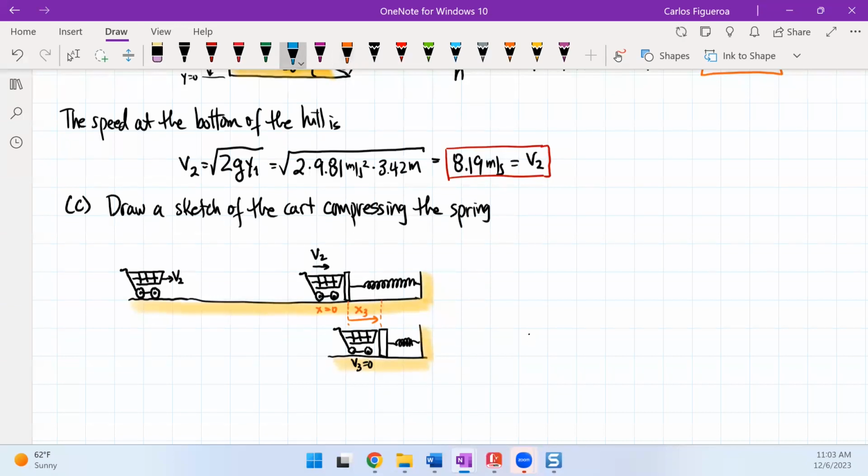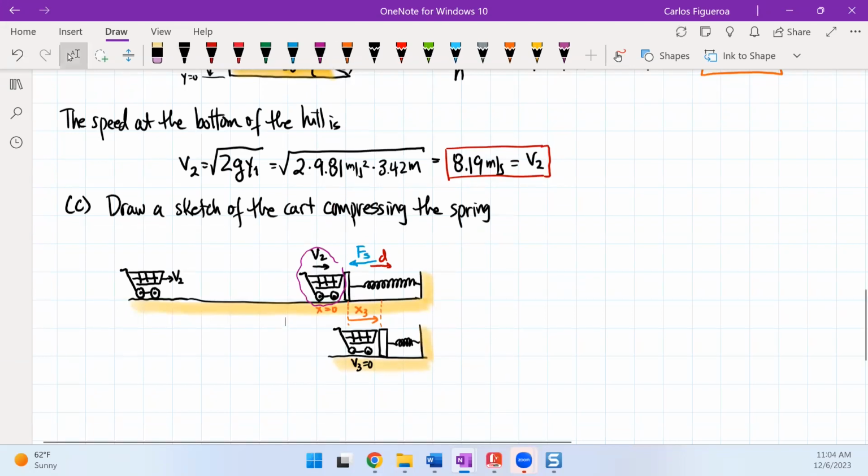So when I'm looking at this thing, we can see here that the spring force is in that direction and the displacement is in that direction when I look at my cart. Now, I could draw a normal force here, but we already know that the normal force is 0.